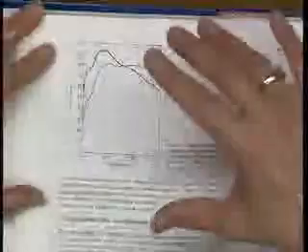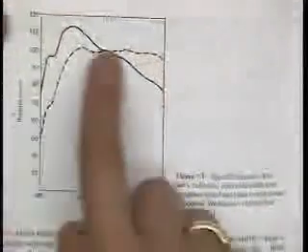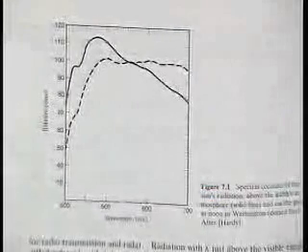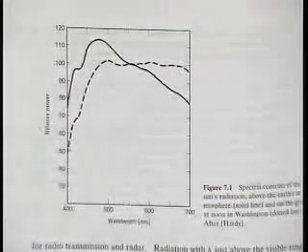If you zoom in here, these two curves show the spectral contents of the sun's radiation. As you know, there's a lot of discussion about the ozone hole and global warming causing the ozone hole, and what's so bad about that?